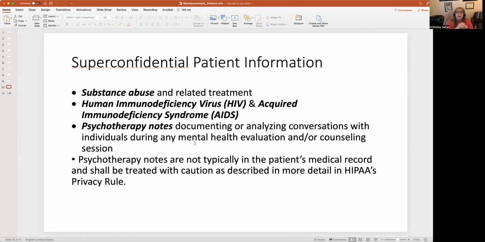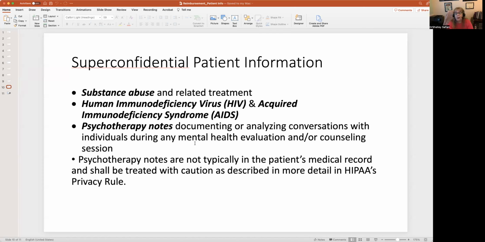These are only released with the patient's express written permission. And with regard to psychotherapy notes, typically you have to get the psychotherapist to agree to release that information as well.